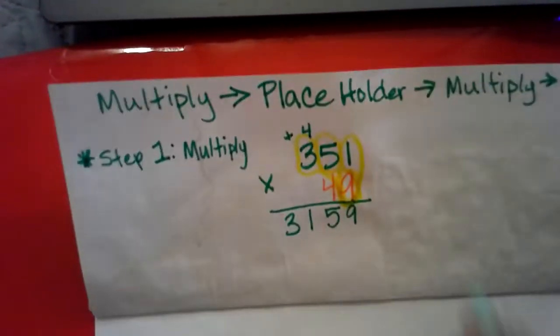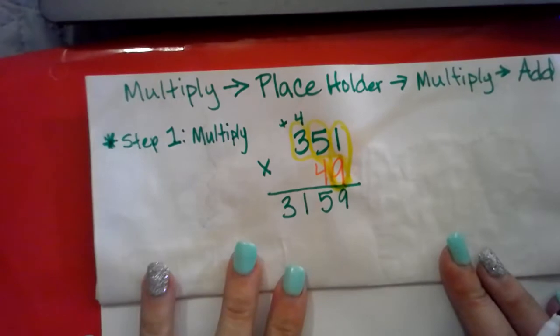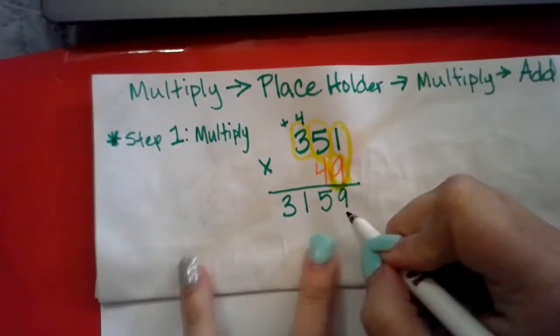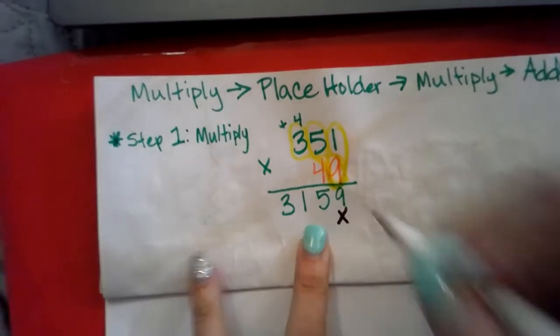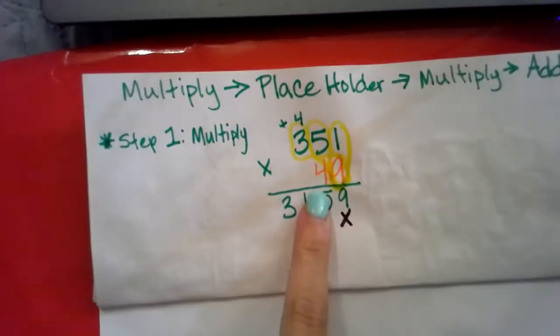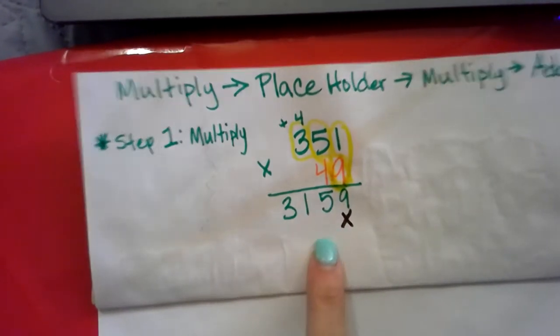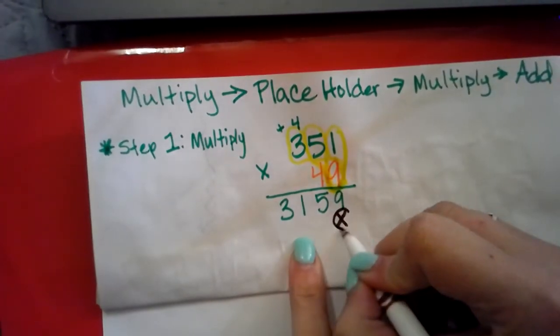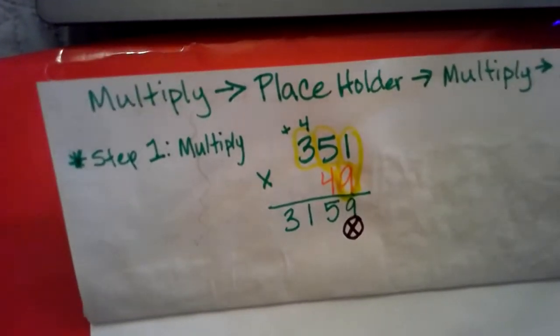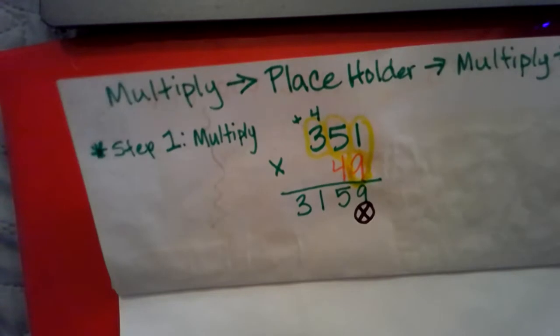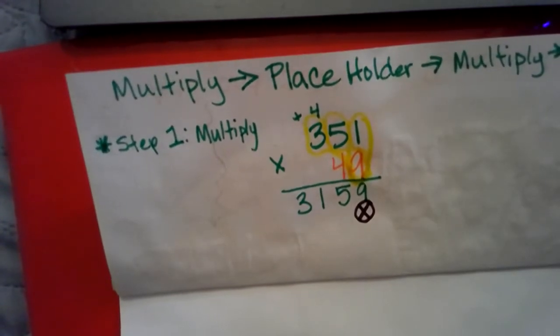All right. So my next step is to put a what? I need a placeholder. And that placeholder has got to get me underneath this number that I'm going to multiply by. So I need that one placeholder, be it an X or a 0 or a 0 and an X, whatever you need to know what you're doing there. Okay. All right.